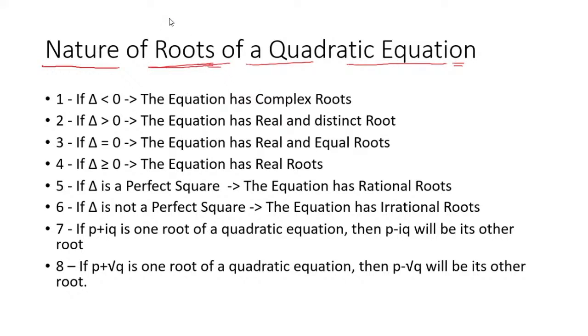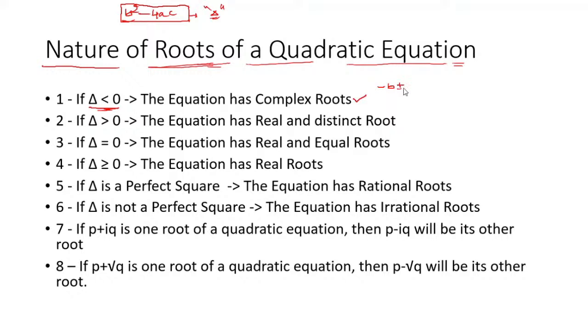So the nature of roots of a quadratic equation is determined by the value of the discriminant b square minus 4ac, which is often denoted by delta. If the discriminant is less than 0, the equation has complex roots.